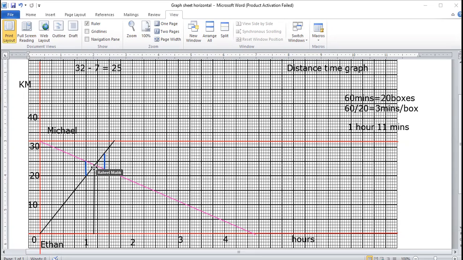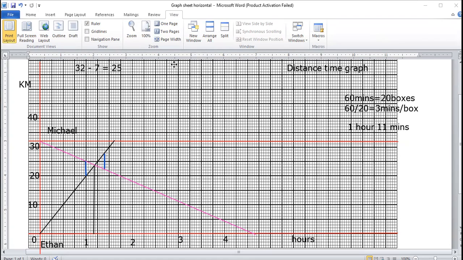They are not stopping after meeting, they are just continuing in their own direction. So this is 5 kilometers before they have met, and this is 5 kilometers after they have met. Now I have to find the time at which this happens, where they are 5 kilometers apart from each other.